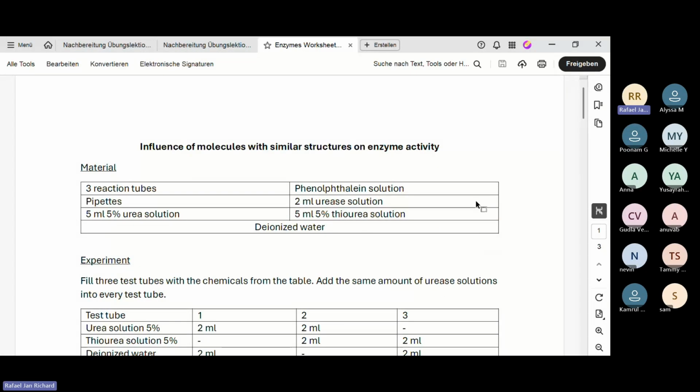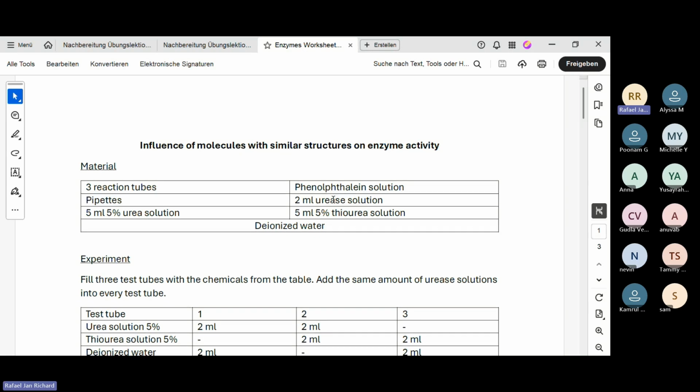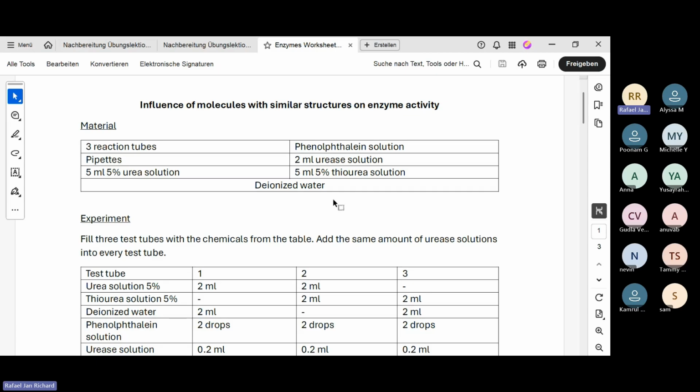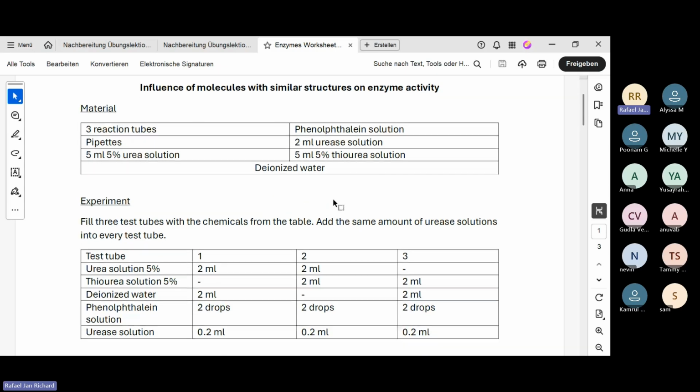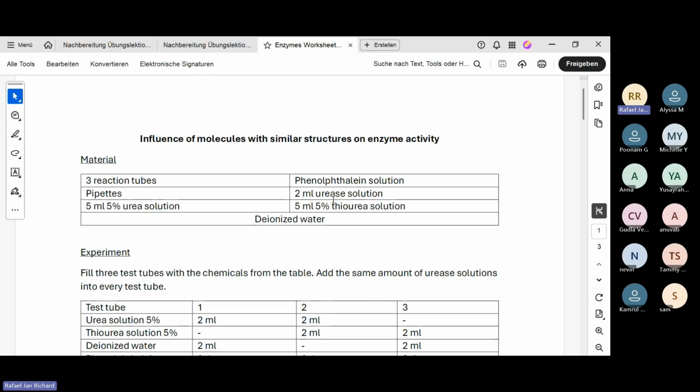Okay, so I hope everyone has received the PDF, and I hope you can see my screen now. So I'll divide you into breakout rooms, if the technology works, but first I'll explain what you have to do.